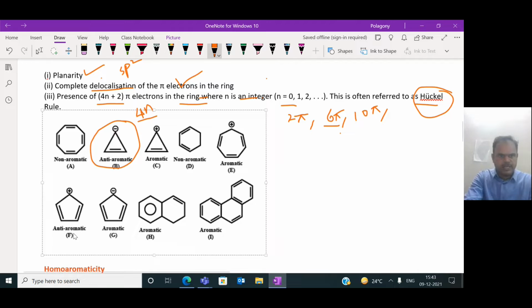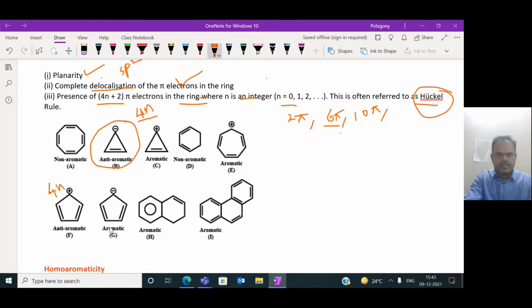In this anti-aromatic condition, this also follows the 4n pi electrons rule. There are 4 pi electrons present, this is anti-aromatic we say.